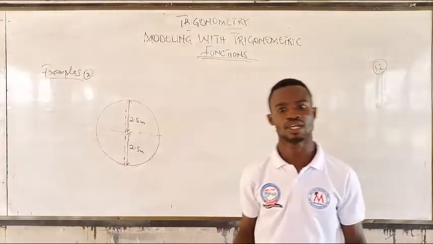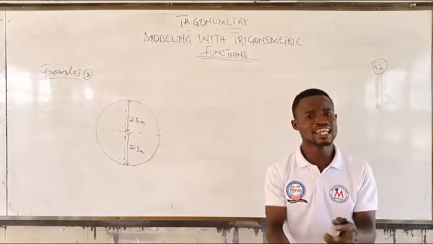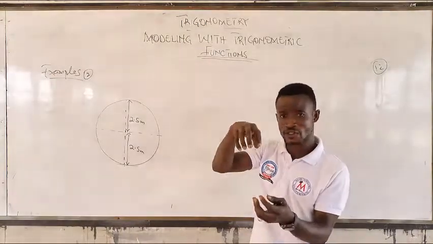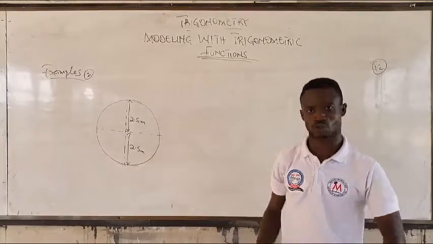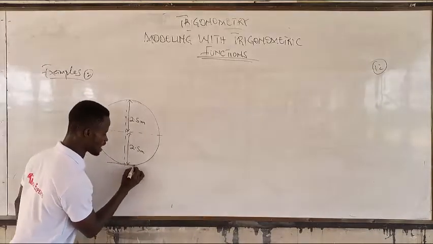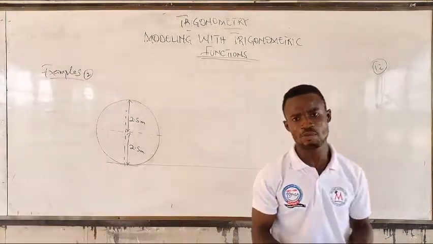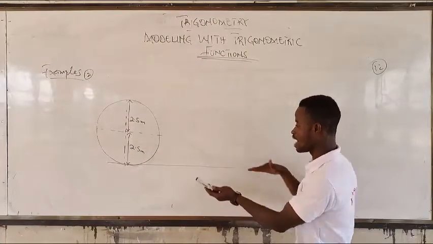Let's continue. It is 2 meters above. So we are saying that the Ferris wheel is 2 meters above the ground. So there is no way that your S-axis will be here. No, that would be wrong, because we are saying that this Ferris wheel is above the ground, and this is the ground.